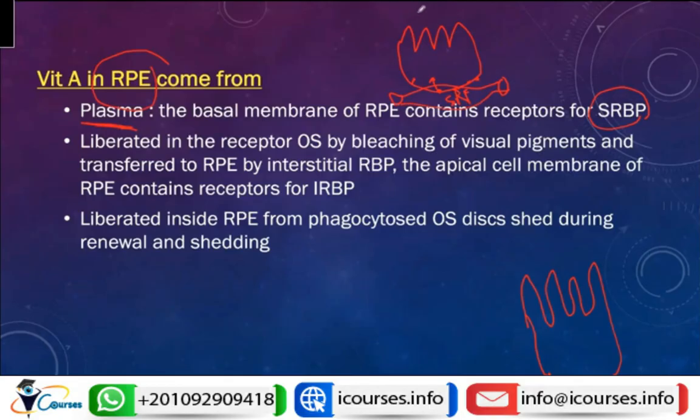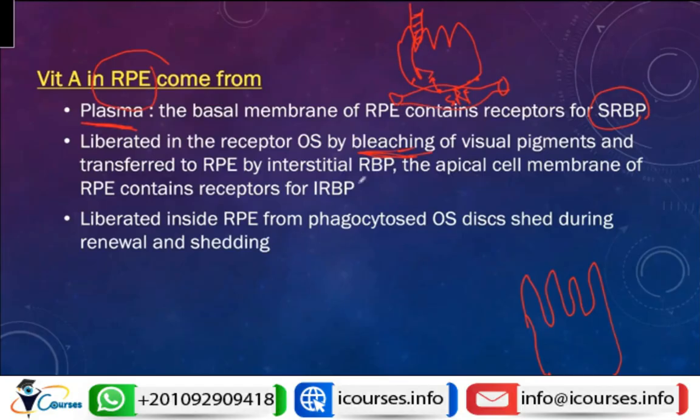The other thing is that the RPE is interdigitated with the outer segment of the photoreceptors, so during the process of bleaching, as we'll say now, this will lead to breaking down of the photoreceptor outer discs, liberating the vitamin A into the cells.